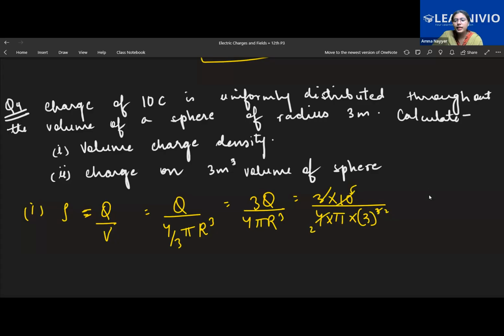So we'll get 5 by 3 into 3, 9, 18. 5 by 18 pi coulomb per meter cube.